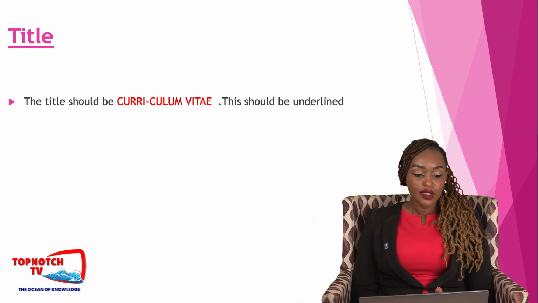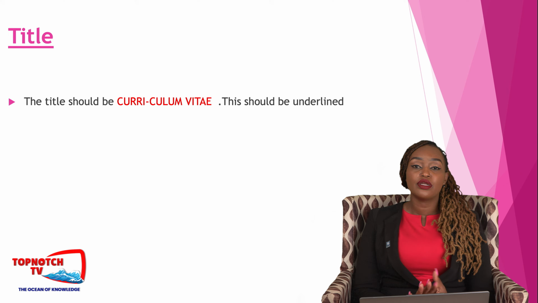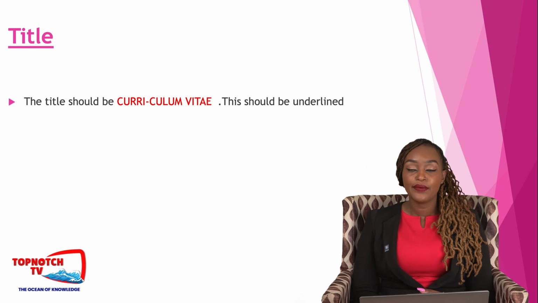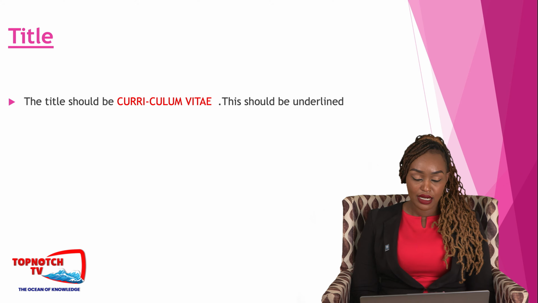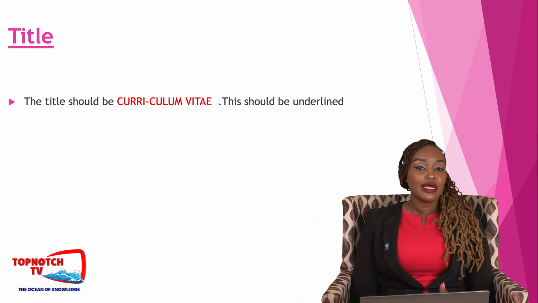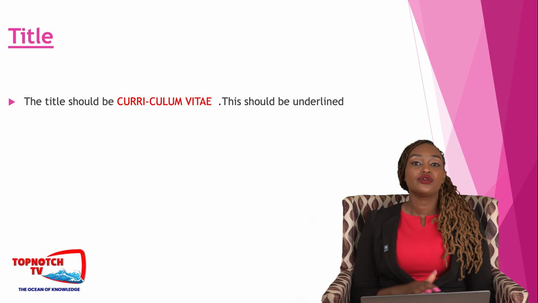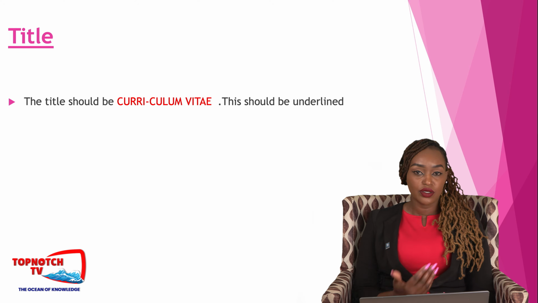Now, in our CV, we have a number of items that we should consider, and we'll go through each item one by one. When you want to write a CV, you're trying to give more information about yourself.